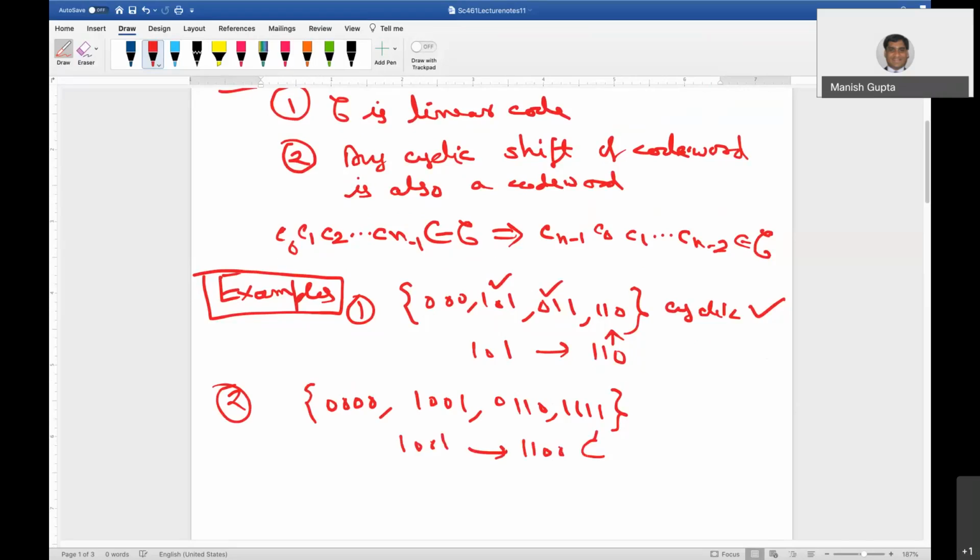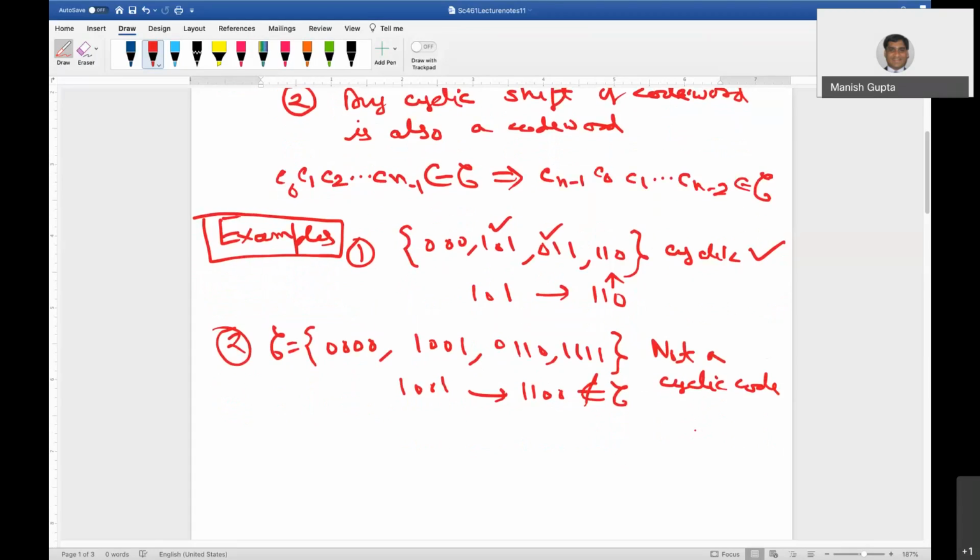That does not belong to C. If C is this, then this is not a cyclic code, because the cyclic shift of the code word 1001 is not there in C.